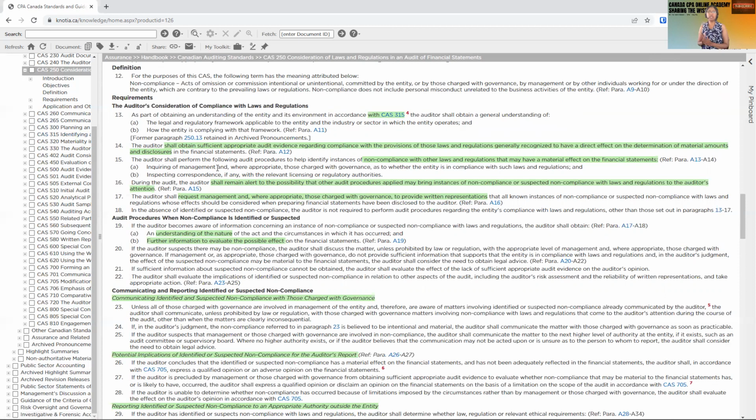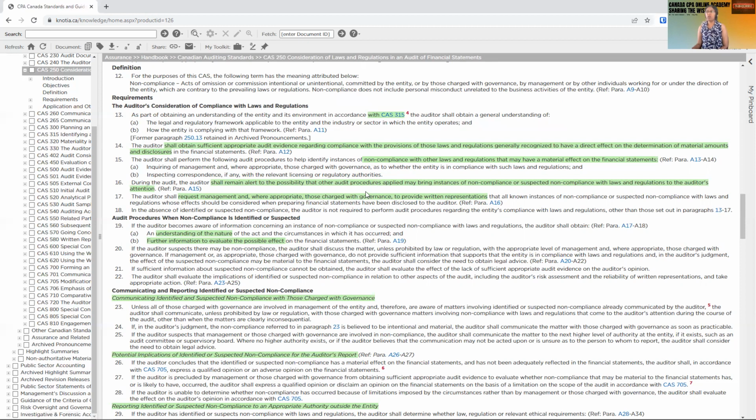So the risk increases if there is an indication of non-compliance, and it would always be assessed in accordance with 315. Remember, in some cases, if you have indications where there could be some non-compliance, it would be a good start to assess your risk.